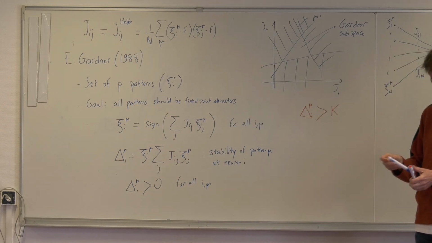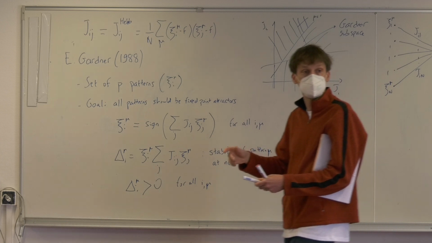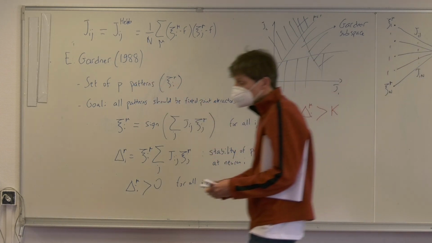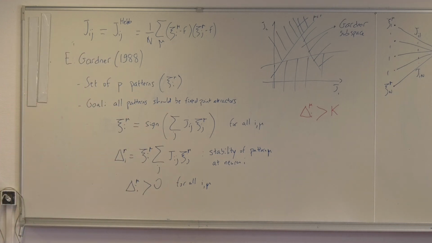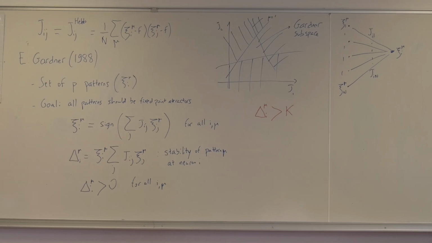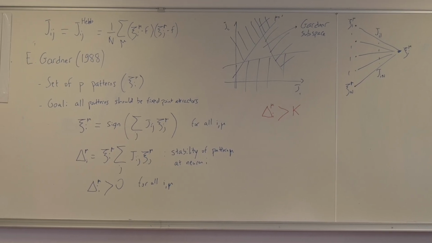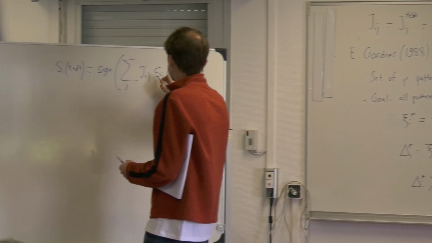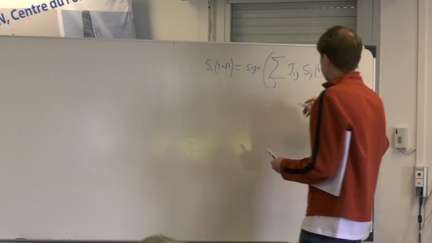So we have basically this. Let me rewrite, if you like, the dynamics. Maybe useful. So when we are updating a neuron, we are taking the sign of its total synaptic inputs, the sum of J_ij S_j(t).